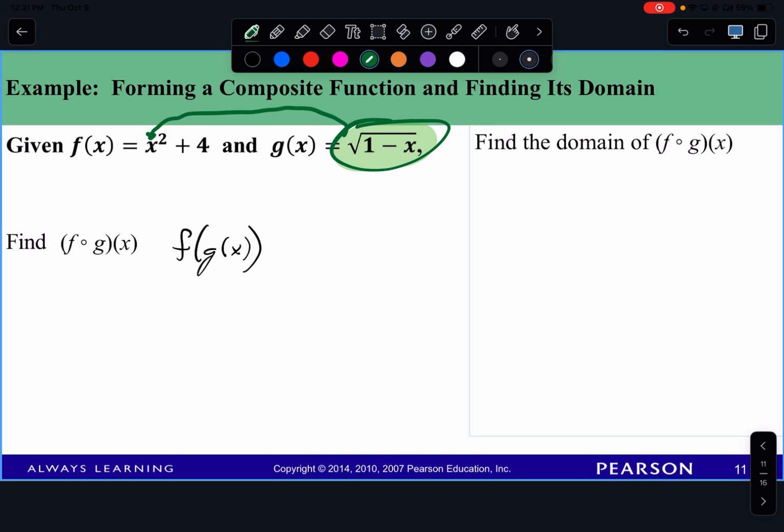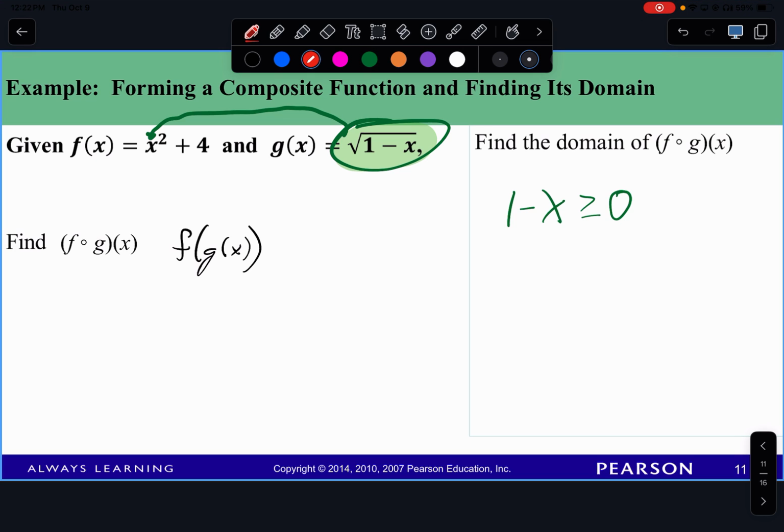For some of us, it might be good to think about the domain right now, before we combine anything. Let's think about what we're starting with. We're starting with g of x, right? Is that going to have a limit? It is, because we have that radical. Underneath that radical is 1 minus x, and that has to be greater than or equal to 0, because I cannot end up with a negative number inside the radical.